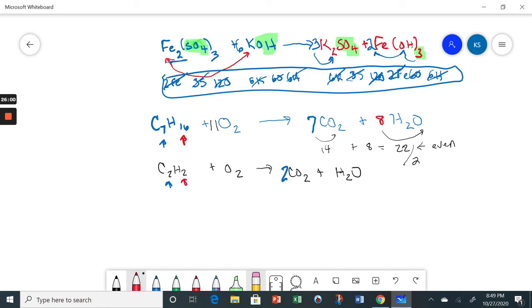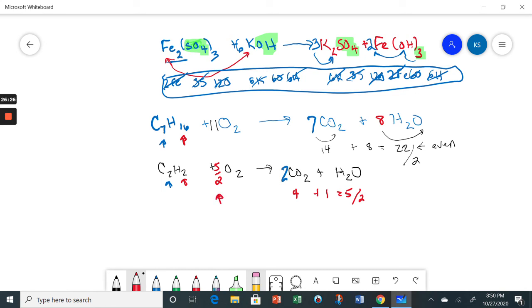I'm not going to touch anything. This is already 2. Now I count O's on this side. 2 times 2 is 4. And then I have 1, and that's 5. Bummer. Because if I wanted to do this, I'd have to divide by a 2, and this would be 5 halves. But AP hates that. They want a whole number here, so you multiply everything through by 2.